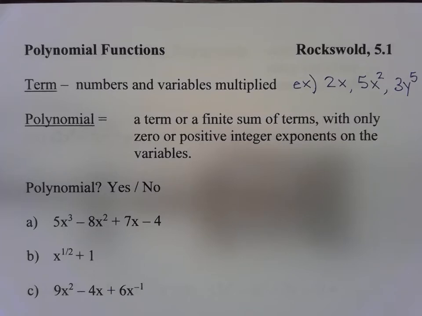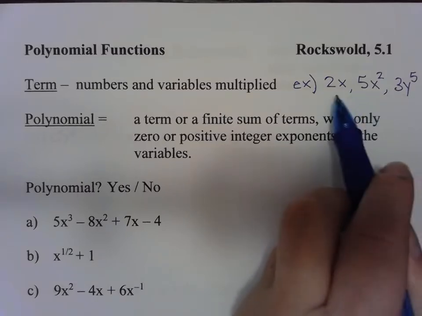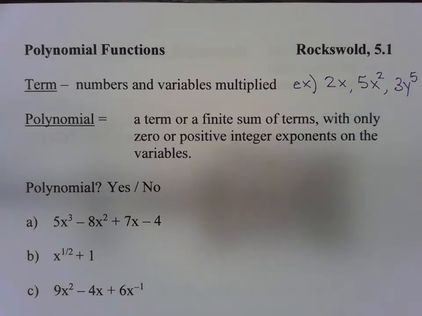A polynomial then is a term, a single term, or a finite sum of terms. Let's stop there for a second. A sum of terms just means we're going to take a bunch of terms like this and add them together. Finite here means that at some point I have to stop adding. So I can't have like x plus 2x plus 3x plus 4x plus dot dot dot.